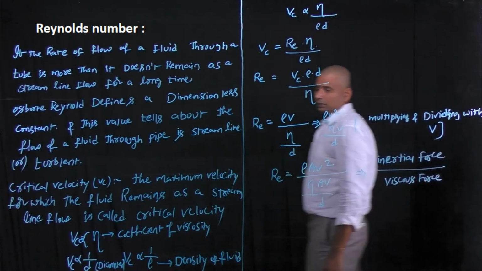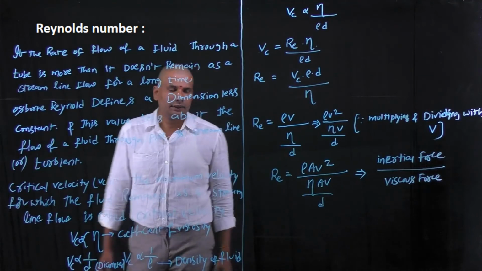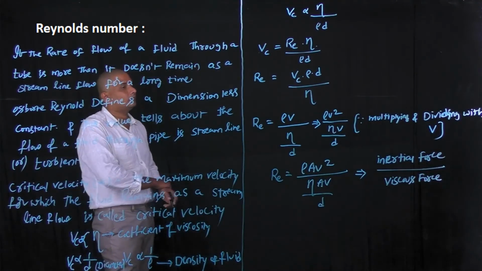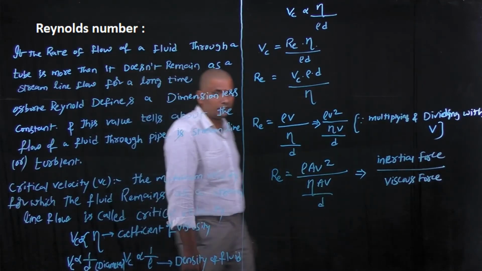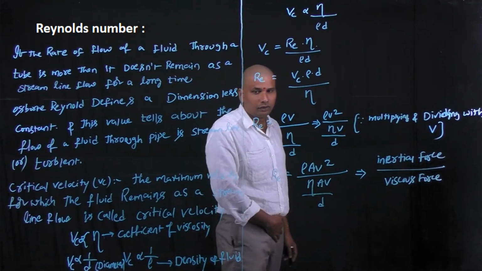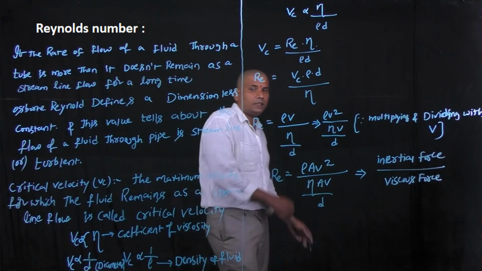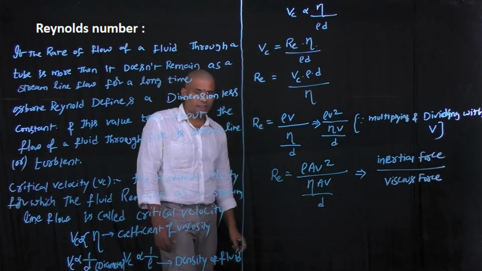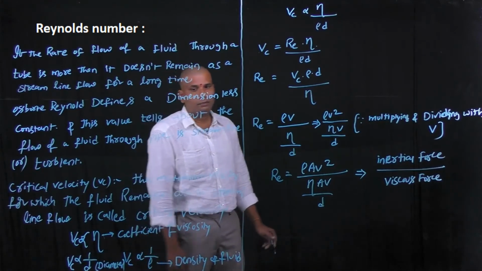Observe, Reynolds suggests different values of the Reynolds number for streamline and turbulent flows.